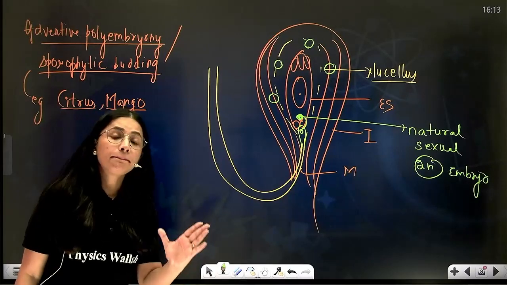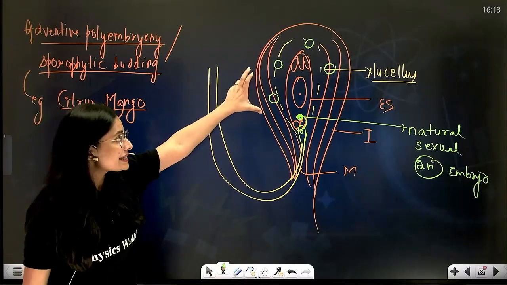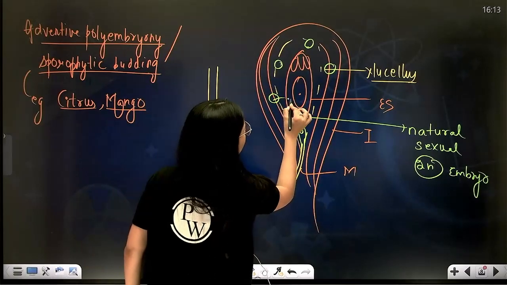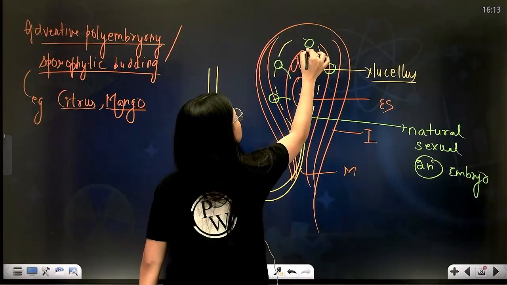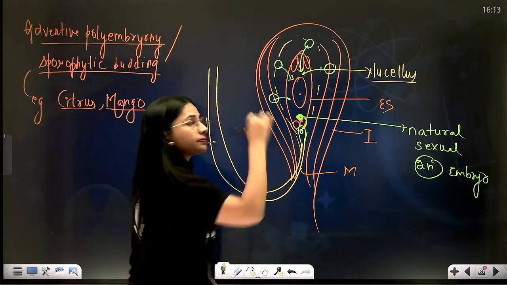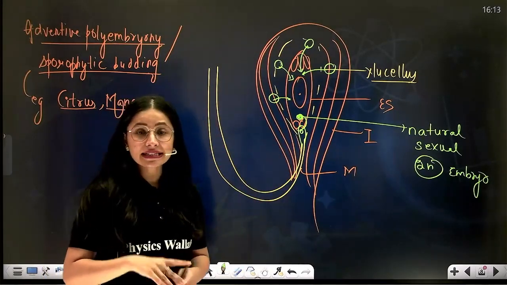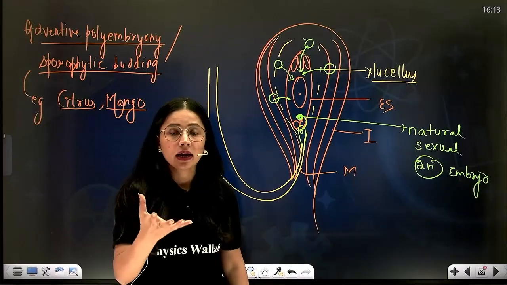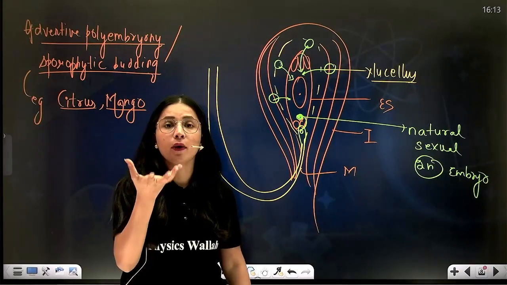But apart from this, inside the embryo sac, some more diploid cells are pushed inside, which have arisen from the sporophytic budding. Sporophytic means diploid. Budding means growth of diploid cell.